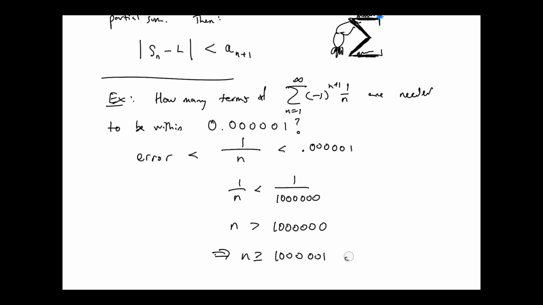Meaning that how many terms would I have to go out to guarantee that I'm within a millionth? I need to go out to the 1 millionth and first term, and we'll demonstrate, well, actually, no, maybe we won't, because it might take forever for Mathematica to compute. I think you guys get the idea. Oh my goodness, how time flies.